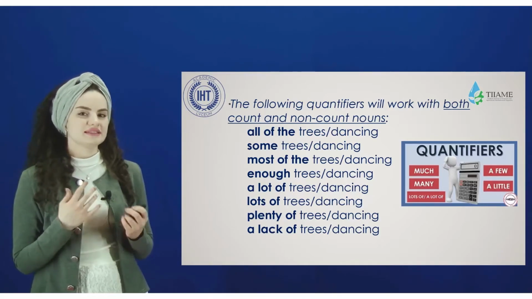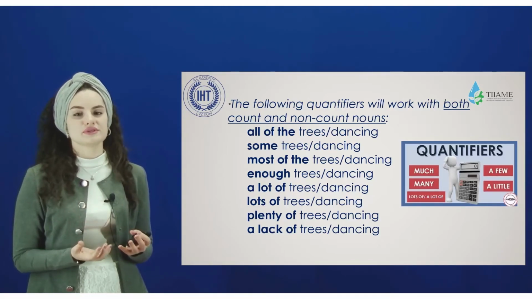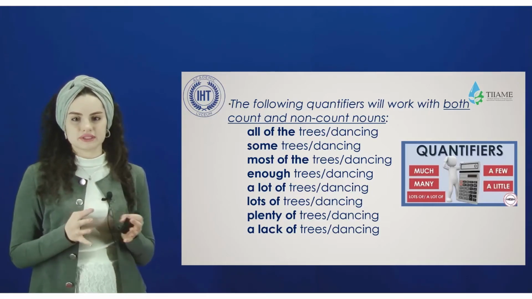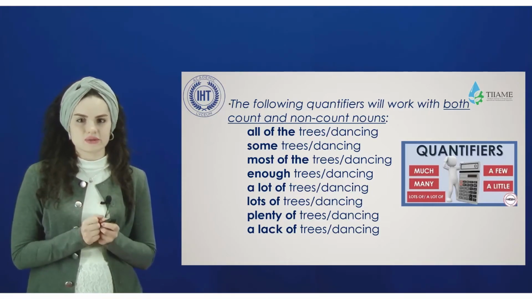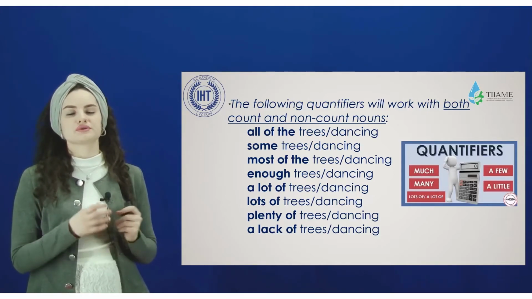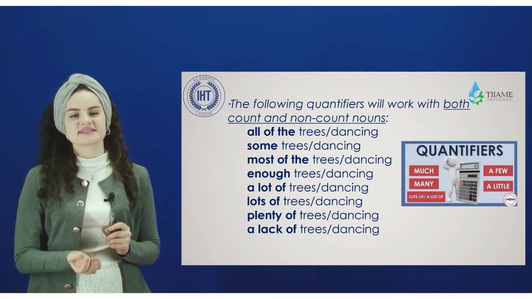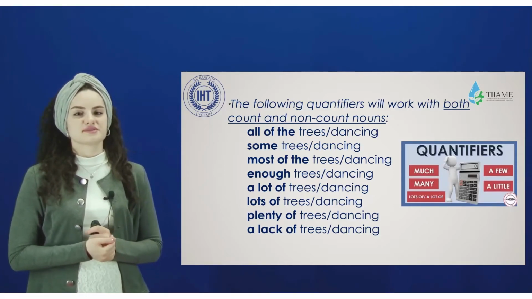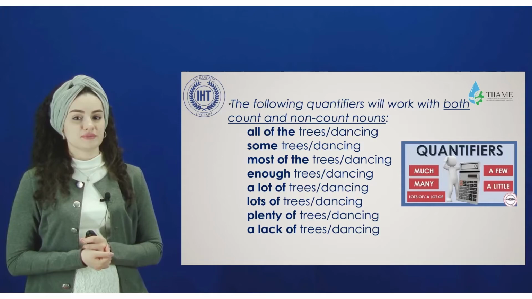And so can you see both categories may be used together with these quantifiers. Remember and fix this information in order to express your words and fix your speech in written form, of course, properly.